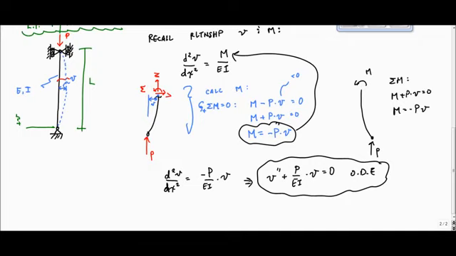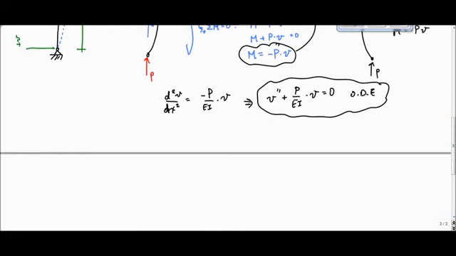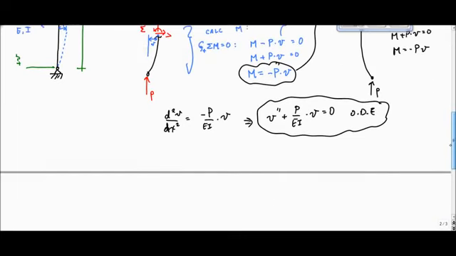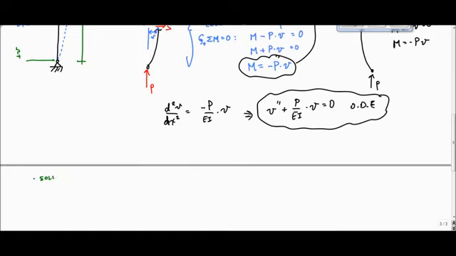Does anyone know what the solution to the ODE is? A general form of the solution would be v as a function of x equals a cosine of c times x plus b sine of c times x.